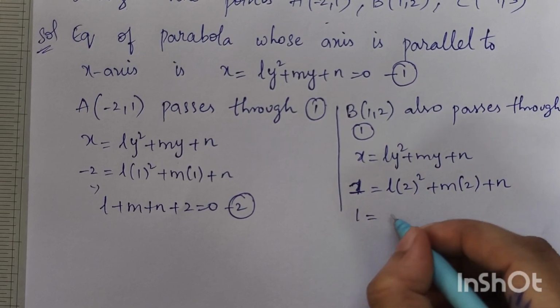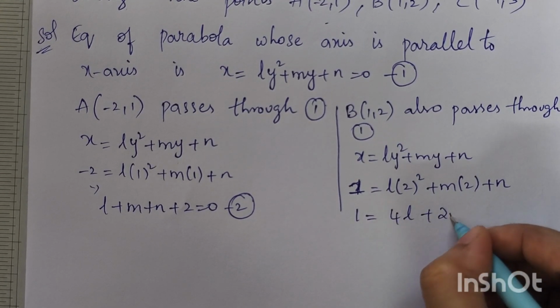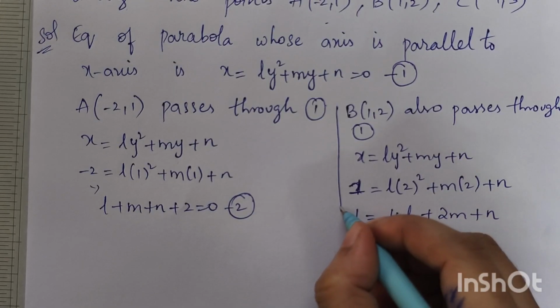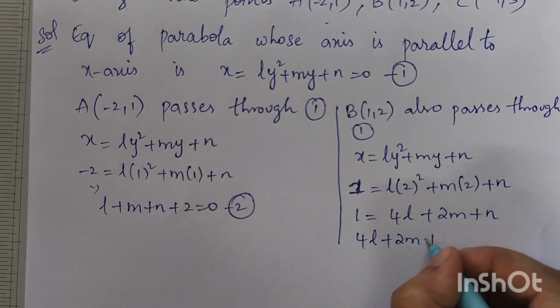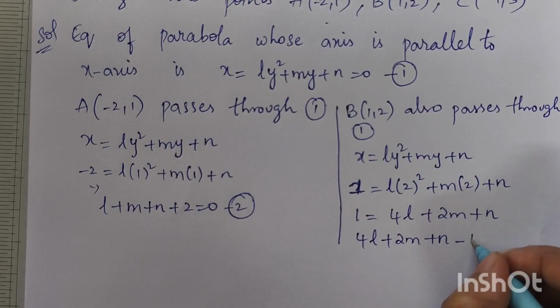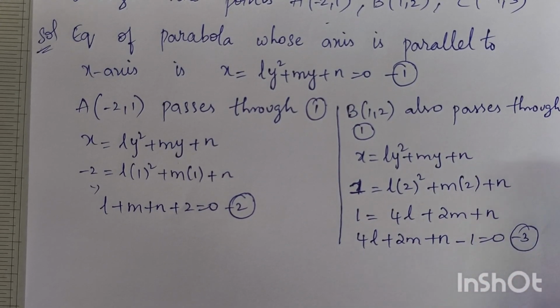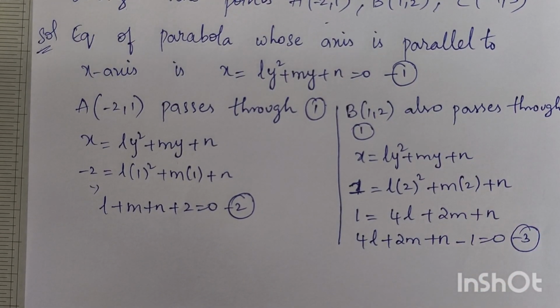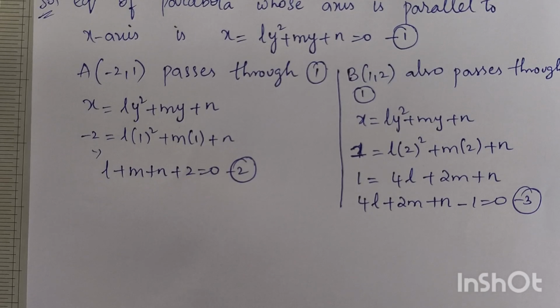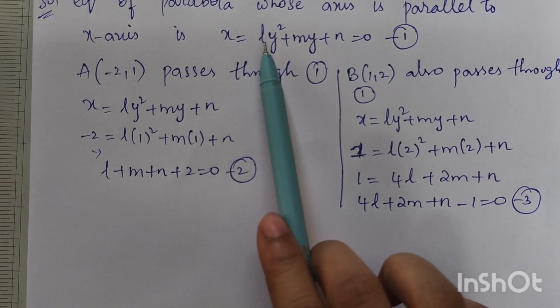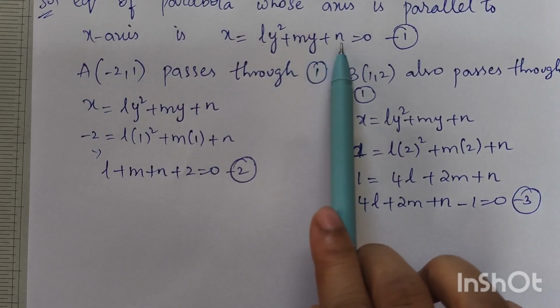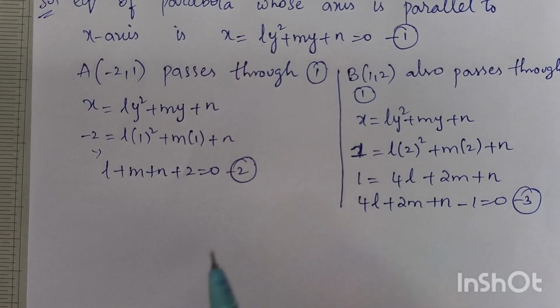So it is 1 = 4l + 2m + n. This can be written as 4l + 2m + n - 1 = 0 as equation 3. We have to find all the coefficient values, right? l, m and n. Then we should substitute in equation 1.